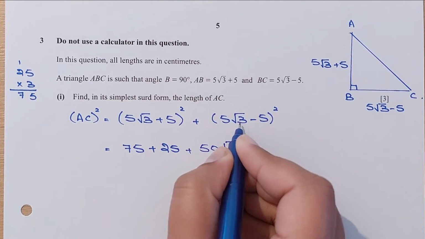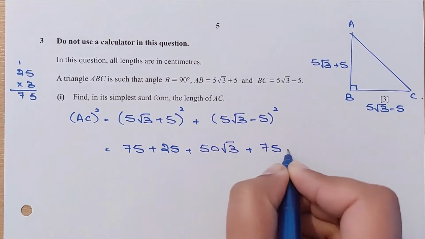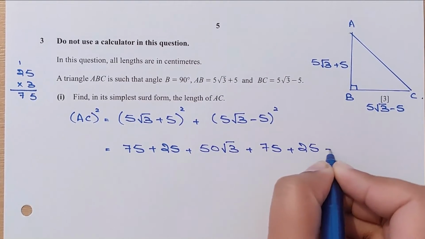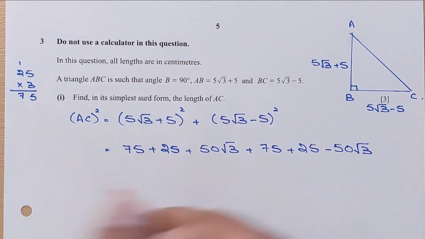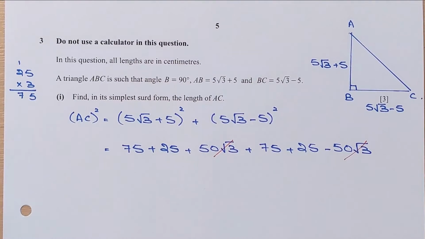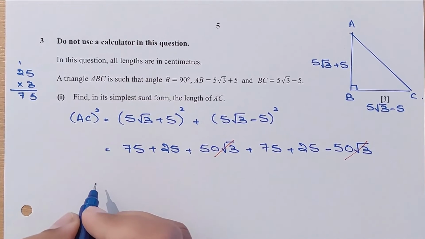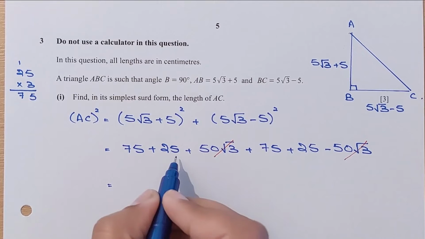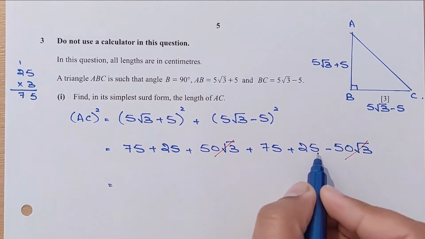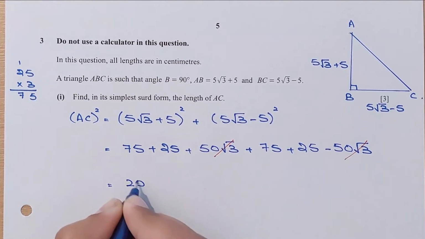Plus 5 square root of 3 whole squared is again 75, plus 5 squared is 25, minus 2ab, that is minus 50 square root of 3. Right, so we can cancel 50 square root of 3 with 50 square root of 3. And what is left here? 75 plus 25 is 100, 75 plus 25 is 100, so the total is 200.